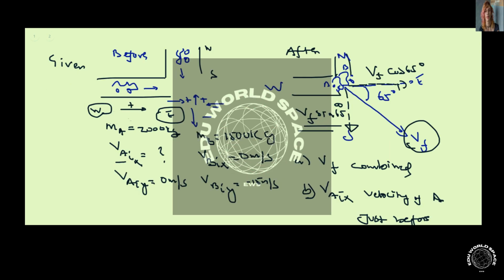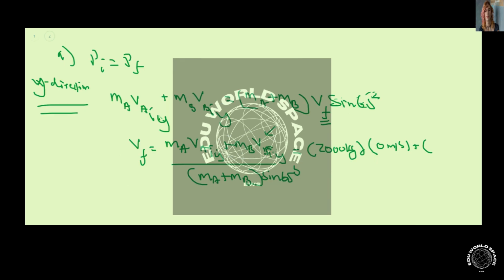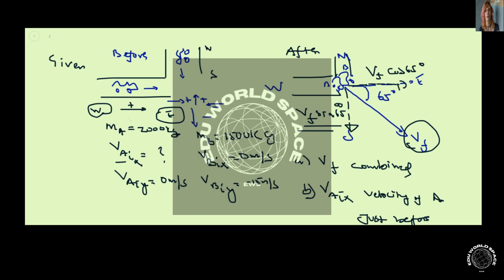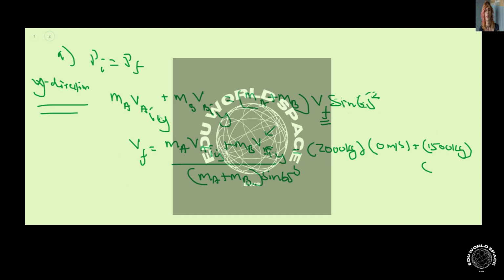Don't forget the kilograms right there. 1,500 kilograms times the initial velocity of B in the y direction, and that happens to be negative 15 meters per second. And the negative sign just helps us determine the direction.